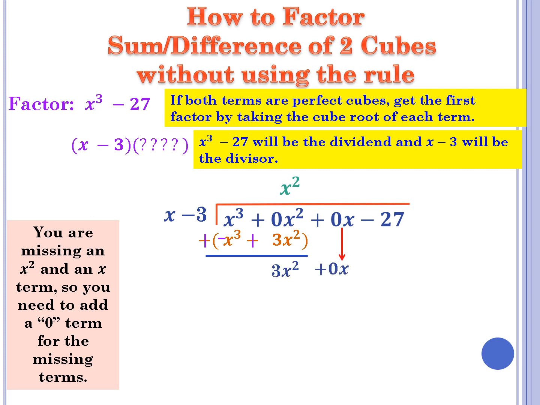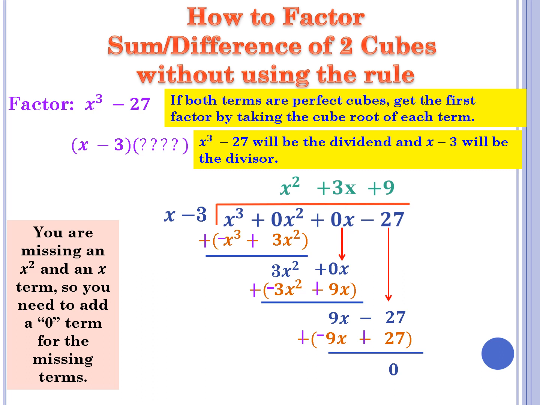Bring down the 0x. X times what is 3x squared? That's 3x. Distribute the 3x, so plus, negative, positive. And I get 9x minus 27, so I add 9, and I see that I have no remainder.